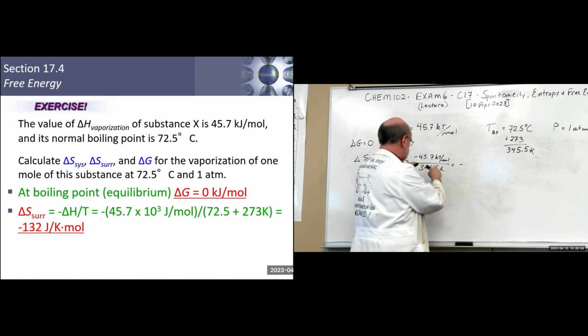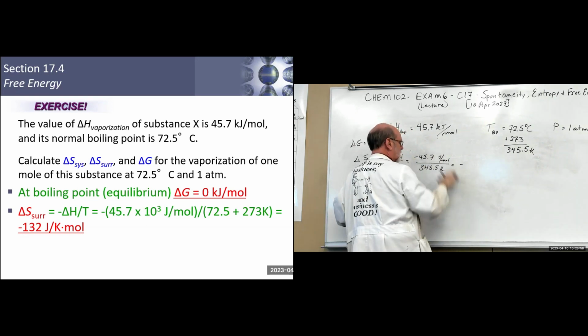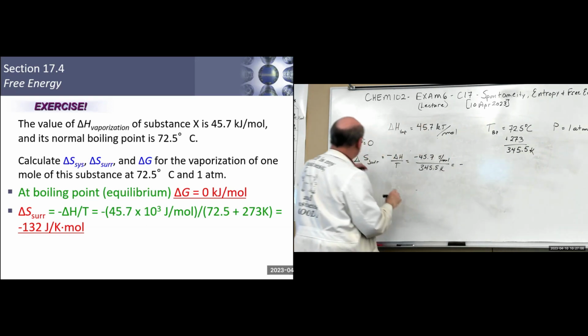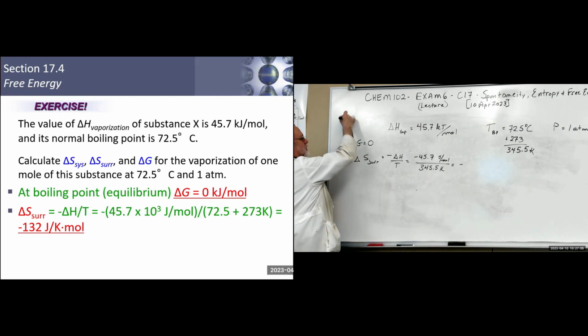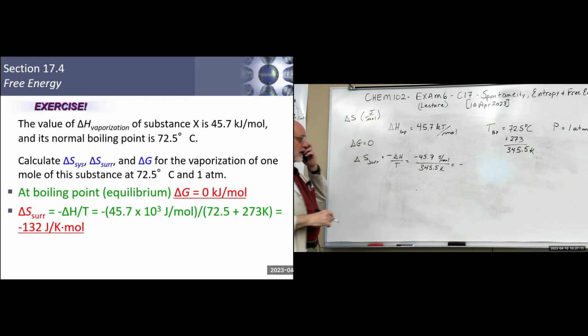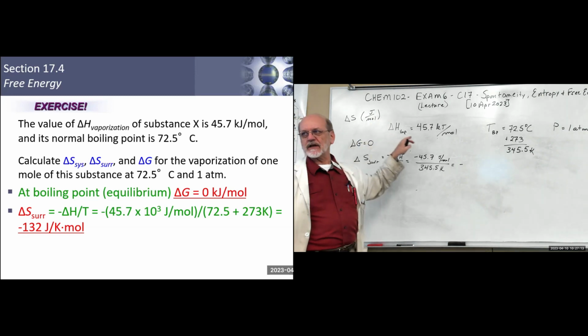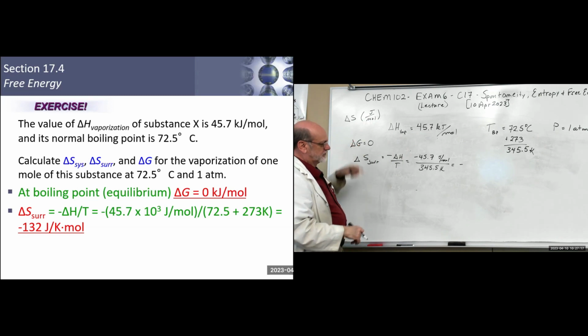We changed this to joules. That's another fact that I didn't mention. When you see delta S reported in the literature, it will be in terms of joules per mole, whereas most delta H's are kilojoules per mole. So you got to watch out for those values.